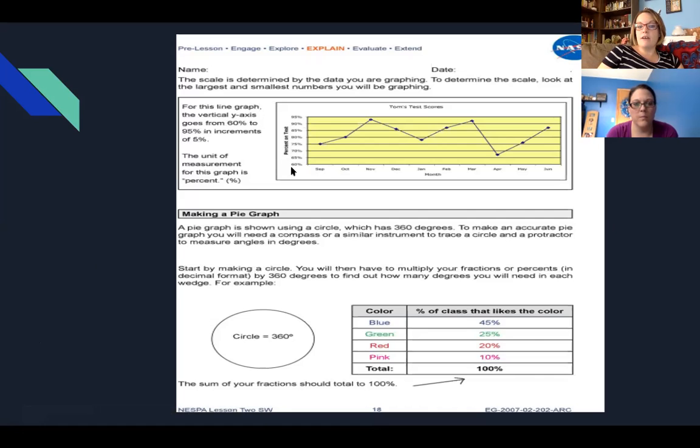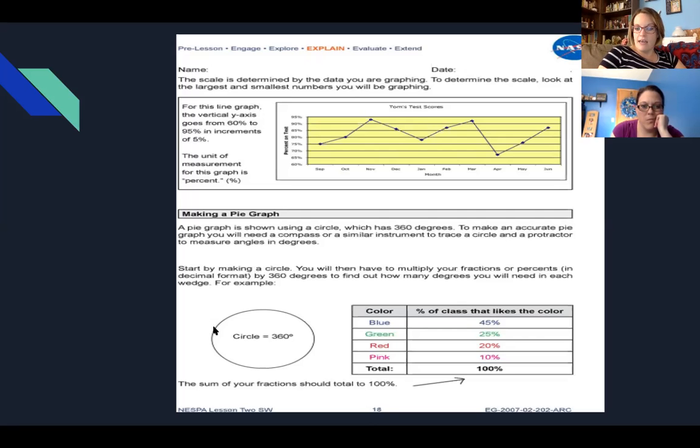And on the bottom, these aren't numbers. They're actually months of the year. So your graph can have numbers or different topics like months or days or whatever your graph is going to be about. The bottom mentions a pie graph. A pie graph is shown using a circle, which is 360 degrees.